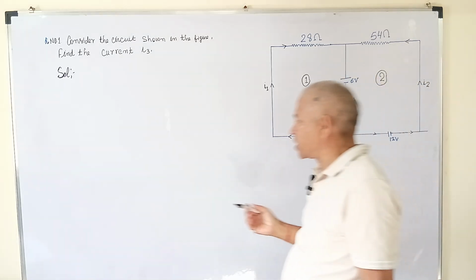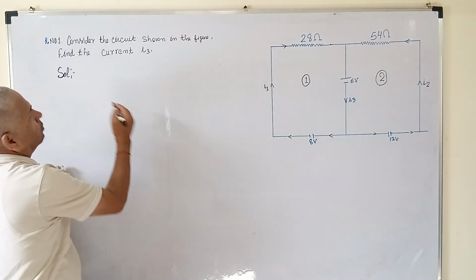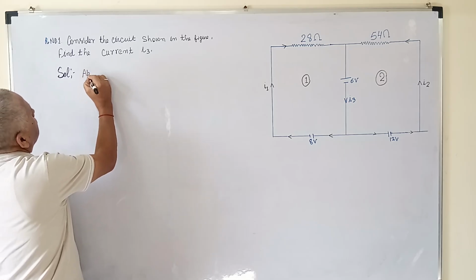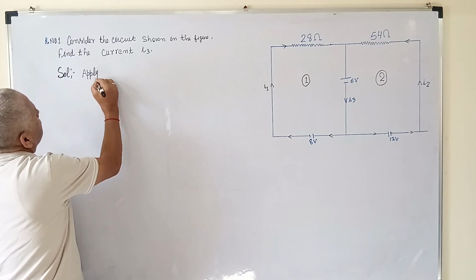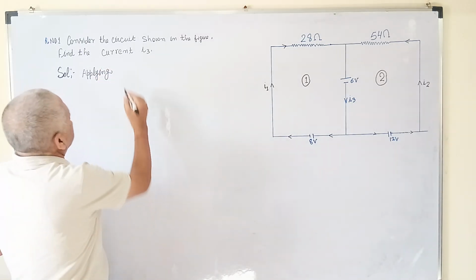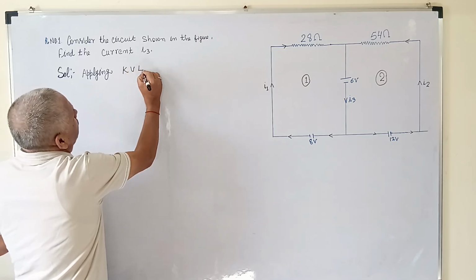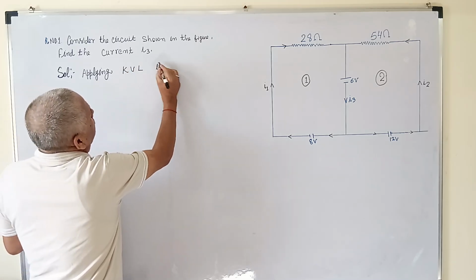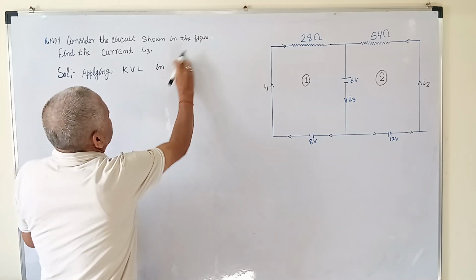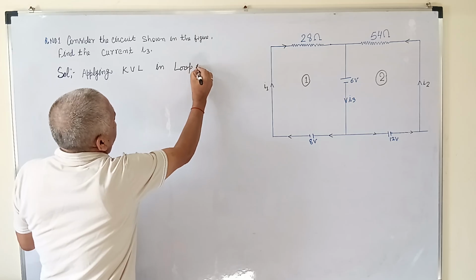Now to calculate this, इसको सॉल्व करने के लिए we will apply Kirchhoff's voltage law, KVL in loop 1.